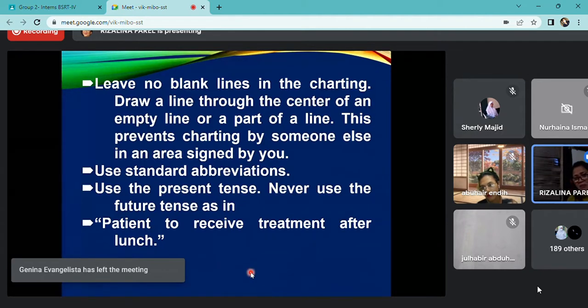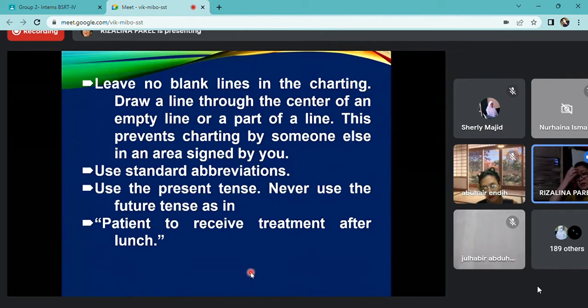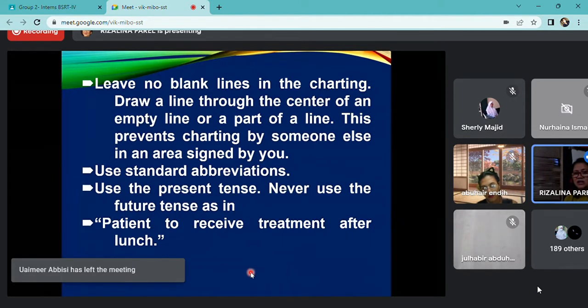Use of standard abbreviations. Okay, so as respiratory therapists, you are very particular with the different medical terminologies na ginagamit natin sa RT. Dapat alam mo kung ano yung abbreviations noon, kung ano yon, para saan yon, ano ba yung STAT. STAT means immediately. Ano ba yung WHO?